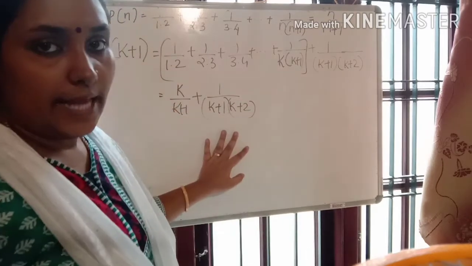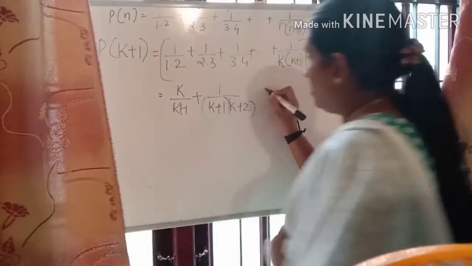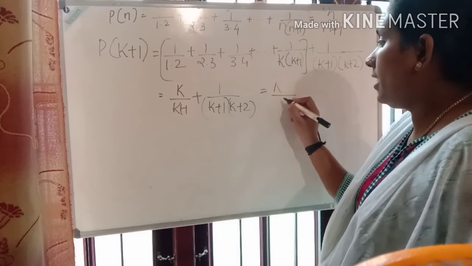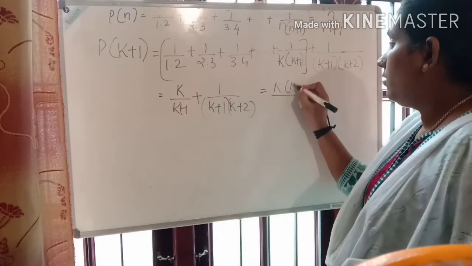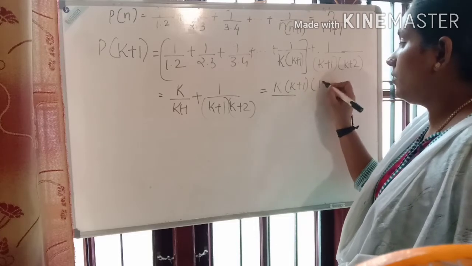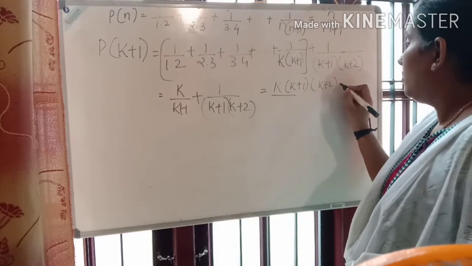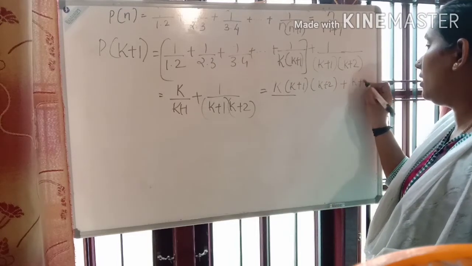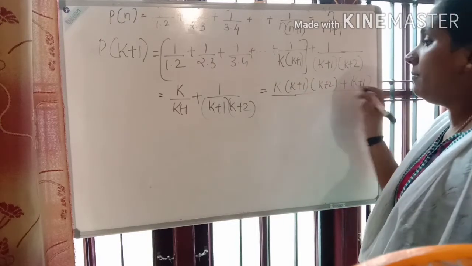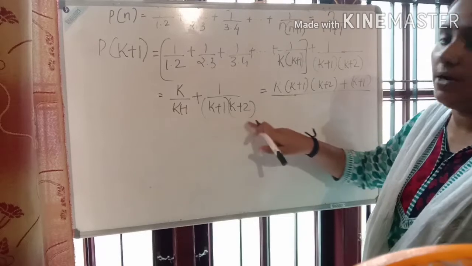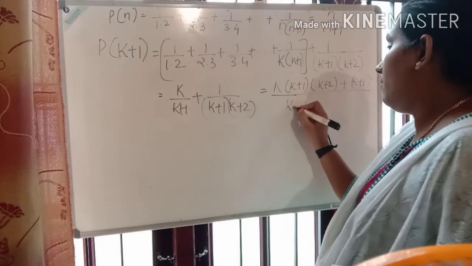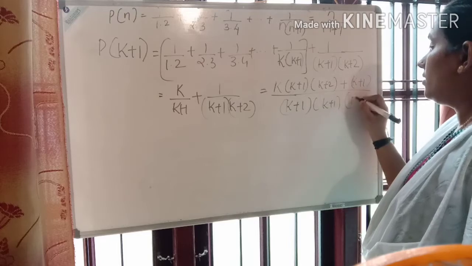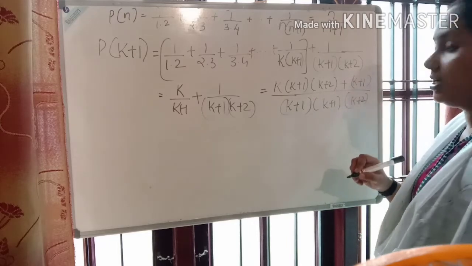Okay. Take the LCM for this expression: k into k plus 2 plus 1 into k plus 1, that is k plus 1 the whole, divided by k plus 1 into k plus 1 into k plus 2, right?